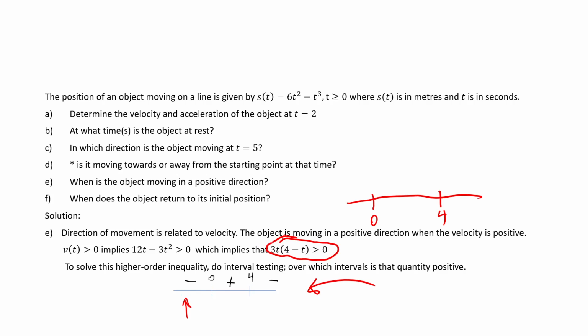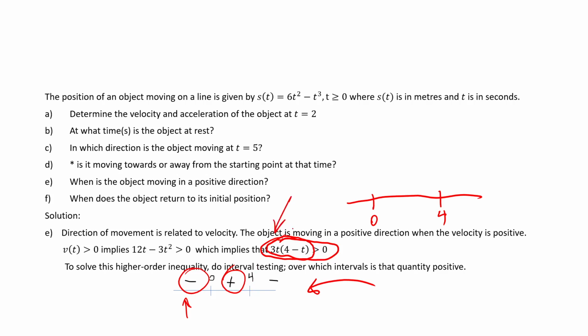I let t equal -1, and then I determine whether the expression 3t times 4 minus t is positive or negative. I would see there that the expression would be negative. So I have a negative in the region to the left of 0. In between 0 and 4, I pick any value in between that I want. Let's say I let t equal 2.